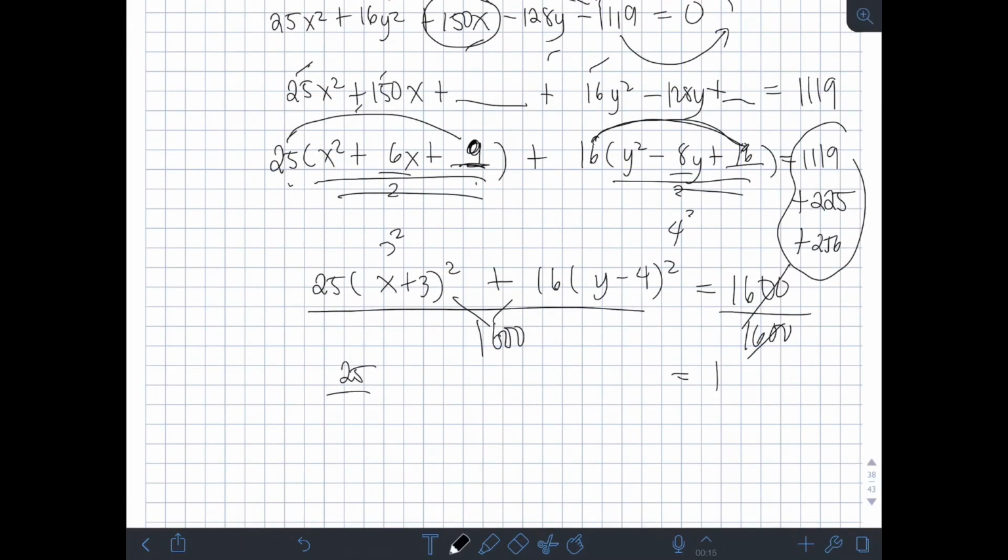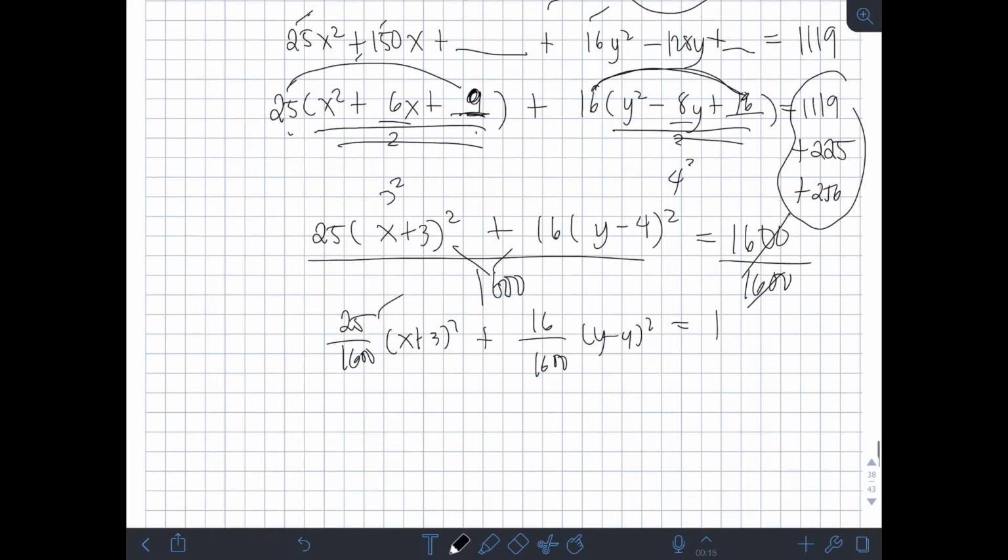So, ano yung 25 over 1,600? Tsaka, 16 over 1,600. So, dito, 25 over 1,600 is 1 over 64. So, x plus 3 quantity squared over 64 plus dito 16 over 1,600 is 1 over 100. So, y minus 4 quantity squared over 100 equals 1.